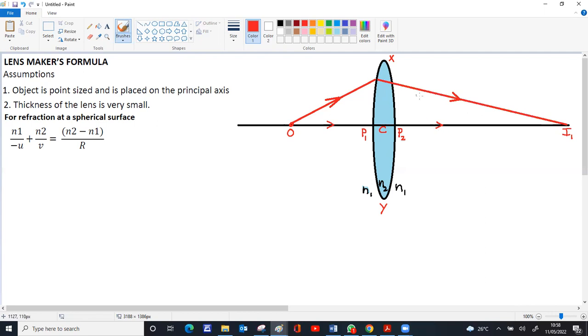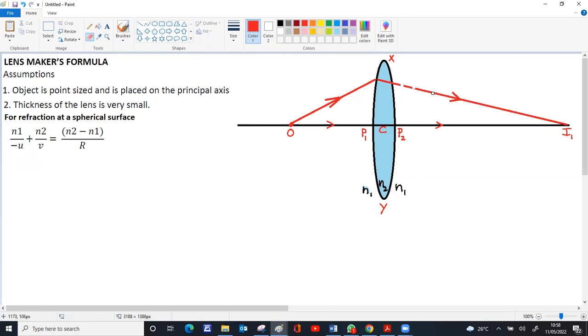But this is not the real case, because actually there is a separation of media after XP1Y. XP2Y again makes a separation between N2 and N1. That means two different media. One more refraction should take place at XP2Y. So this light ray cannot go straight.